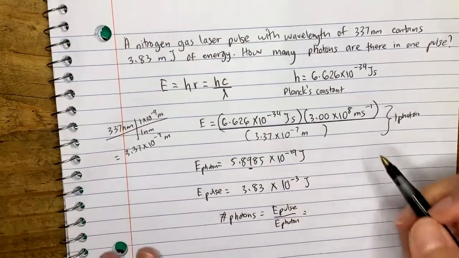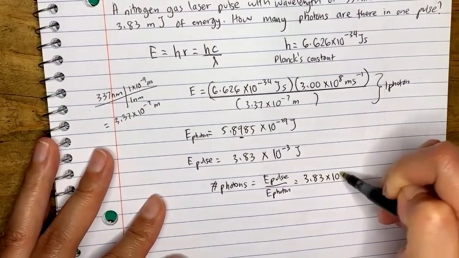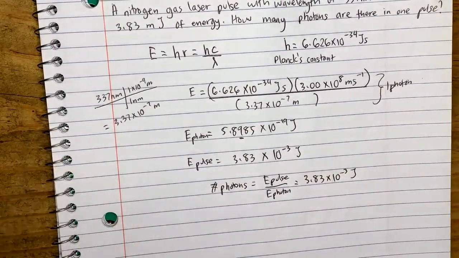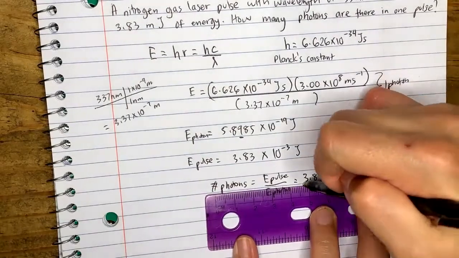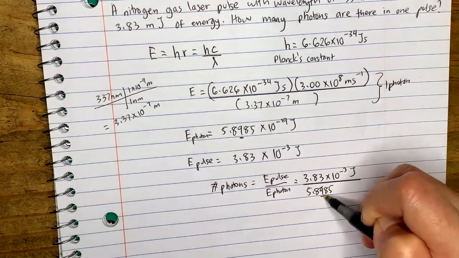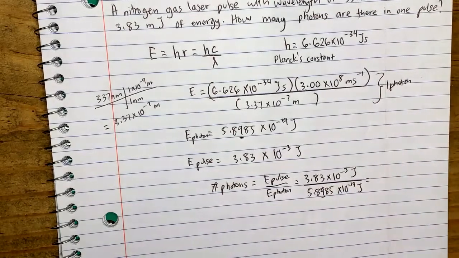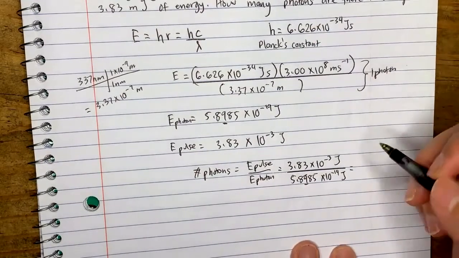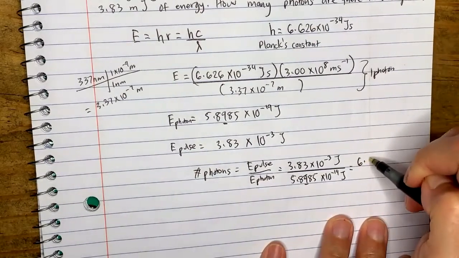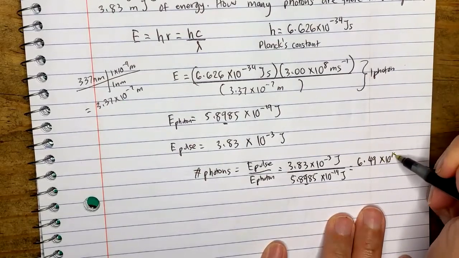So it is 3.83 times 10 to the minus 3 joules divided by 5.8985 times 10 to the minus 19 joules. So that should give you a whole lot of photons, right? How many photons do we have? If you keep 3 sig figs, it's 6.49 times 10 to the power 15 photons.